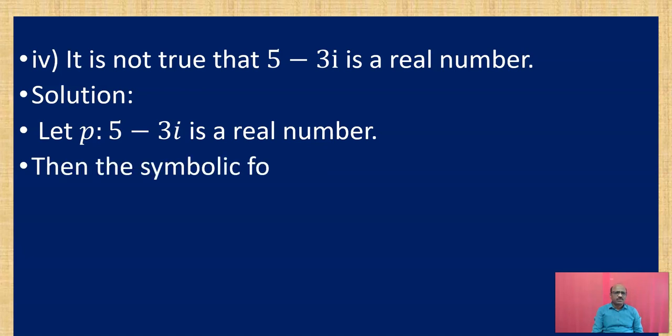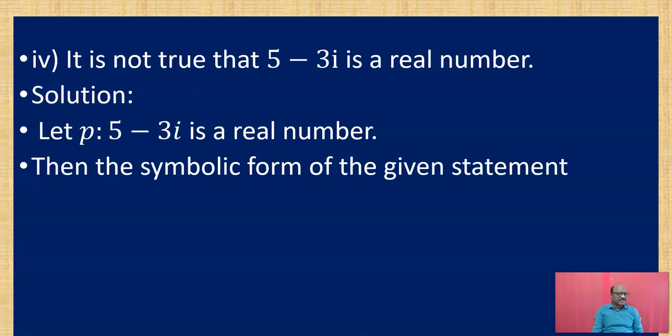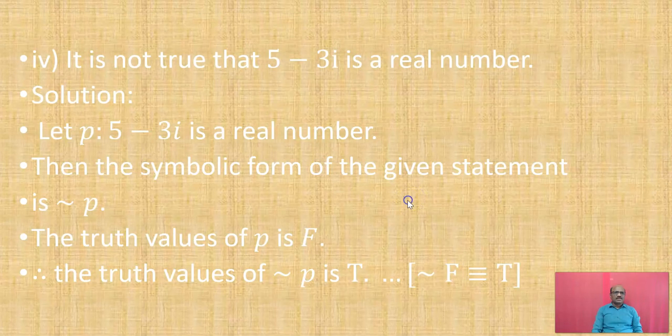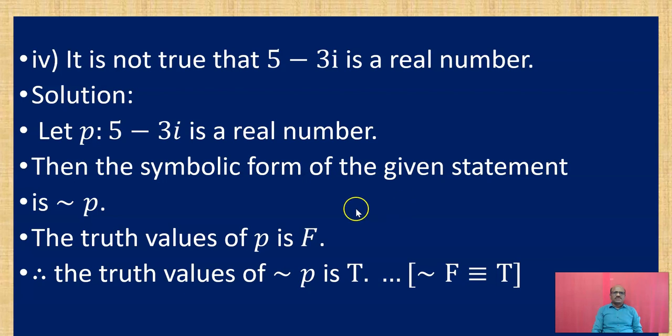Then the symbolic form of the given statement is negation of P. Now see this here, the truth value of P is F, and the negation of P, that is the negation of F, is again T.